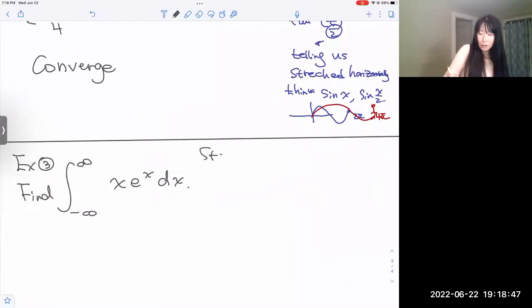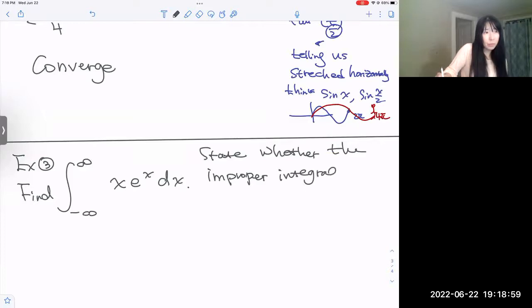Now, state whether the improper integral converges or diverges.